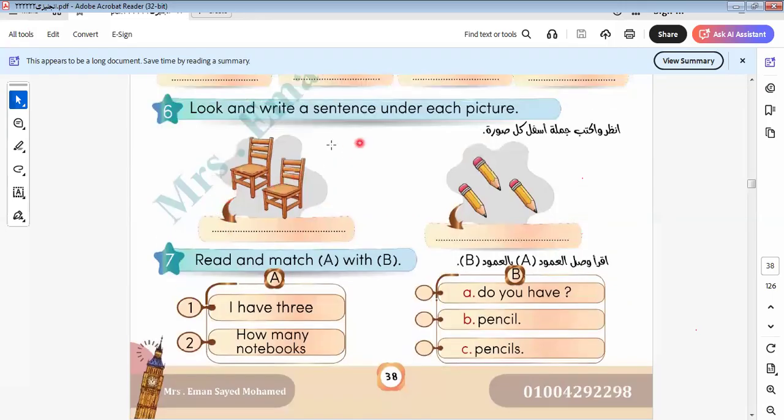Here we say the right sentence. There are 2 chairs. There are 3 pencils.